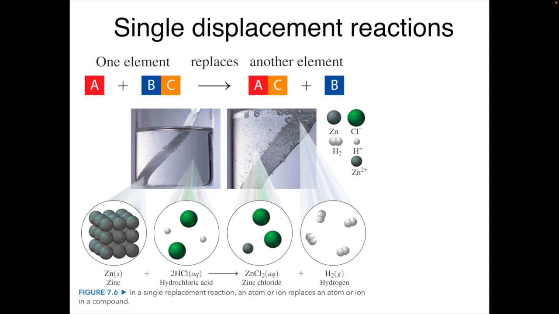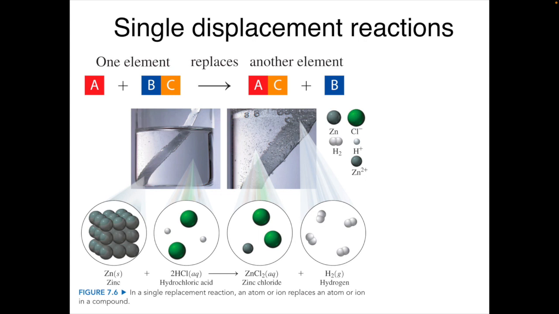There's going to be a single person and a happy couple. BC is the happy couple. A is single, but also wants to be with a couple, right? So A is going to go in and replace B, kicks B out. So B is now a single, and now A is the new partner of C. That's why we call it displacement or replacement.